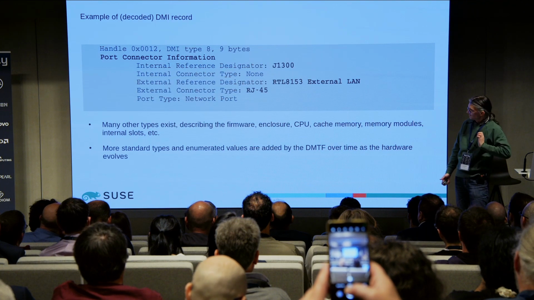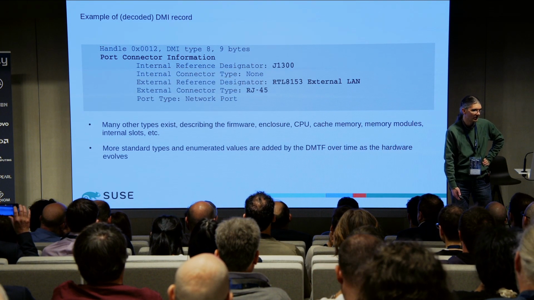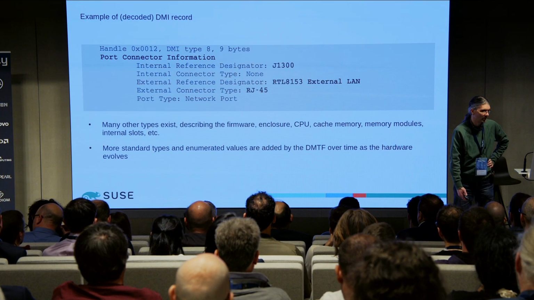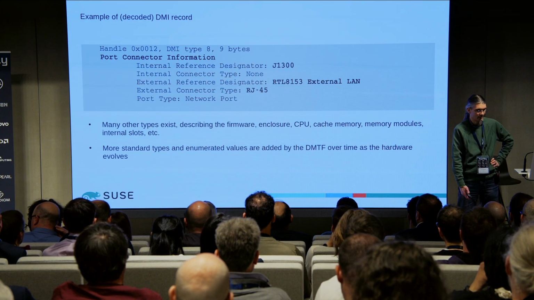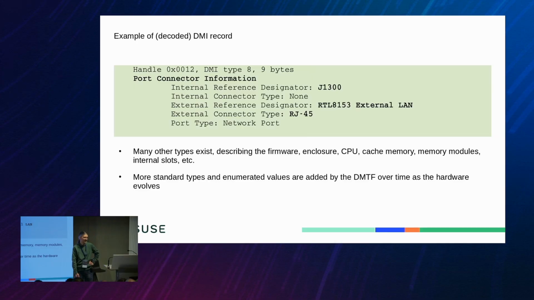Here's an example of a DMI record. That's a very basic example of port connector information, which lets you match the internal reference designator of a port with the external designator and the type of the connector. So this really relates to something real on your hardware.